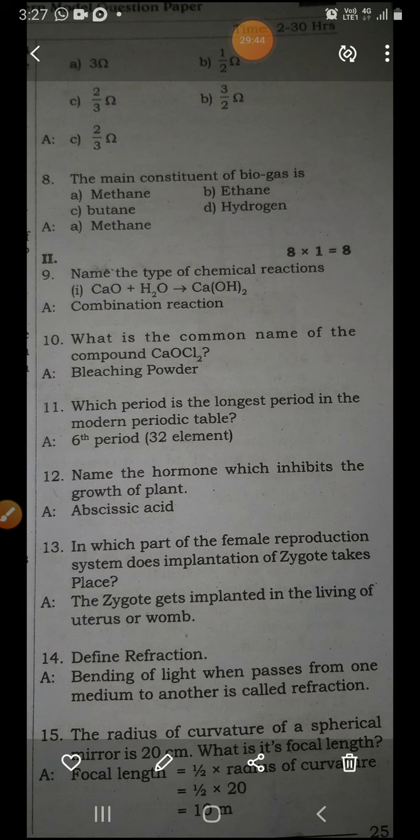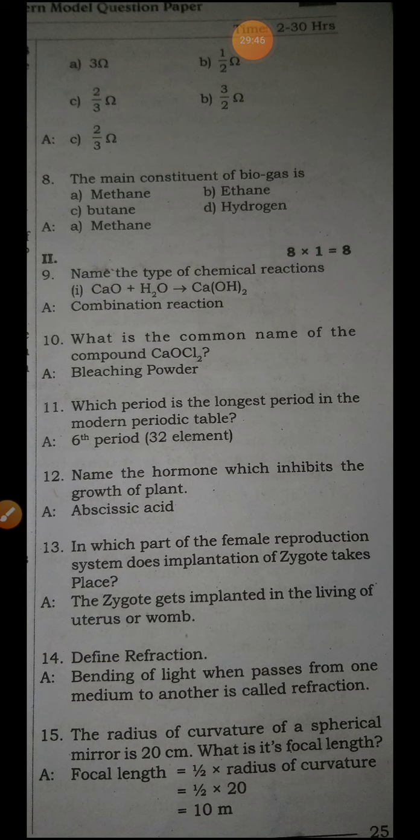The zygote gets implanted in the lining of the uterus or womb. What is a zygote? During the reproduction process, when the egg is fertilized, a zygote forms. That zygote slowly develops into its offspring. So where is it implanted? In the lining of the uterus or womb of the mother.